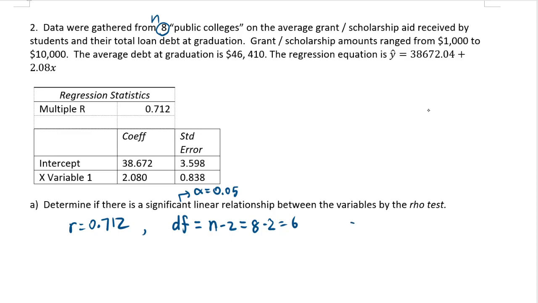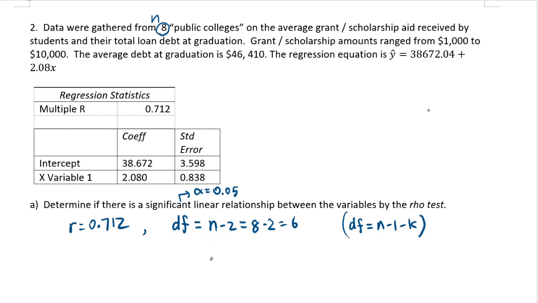Now, in a multiple regression setting, the degrees of freedom of the residual is n minus 1 minus k, where k is the number of predictor variables. In our case, we just have a single grant scholarship aid value as the predictor variable, so k is just 1. So this is the degrees of freedom for the residual in multiple regression. You might want to memorize this one as well as the one for simple linear regression.